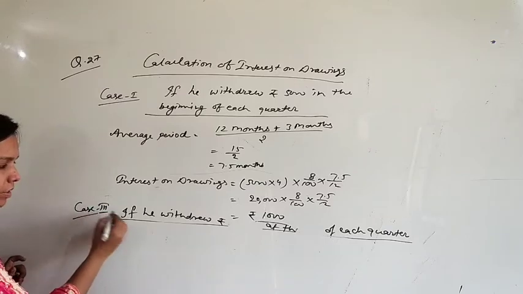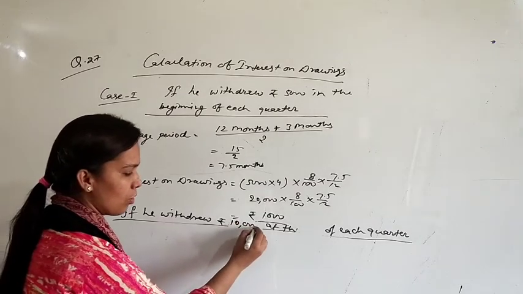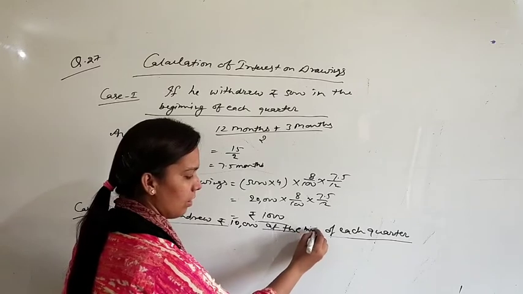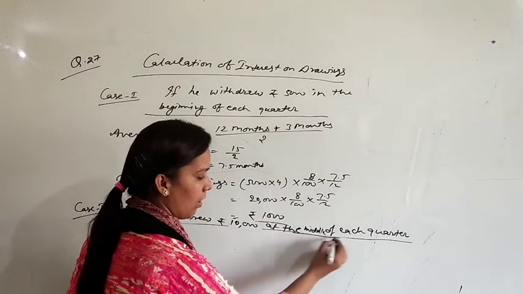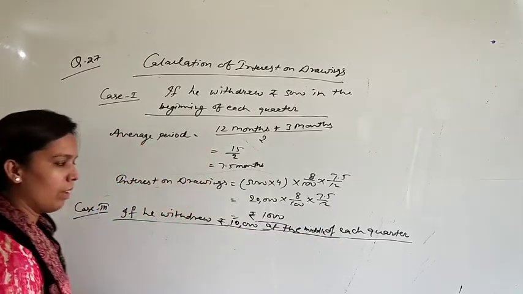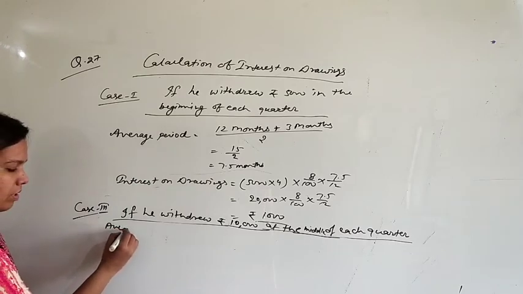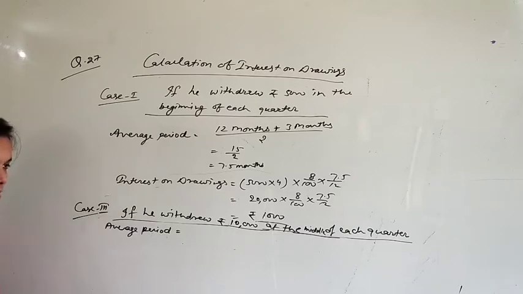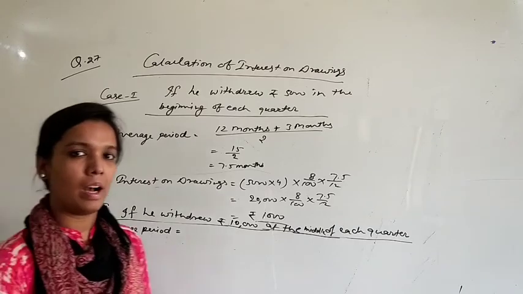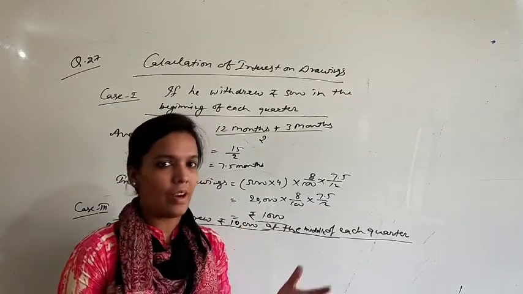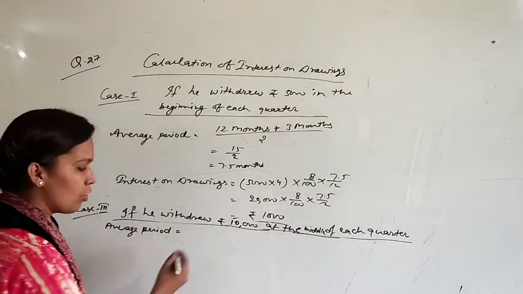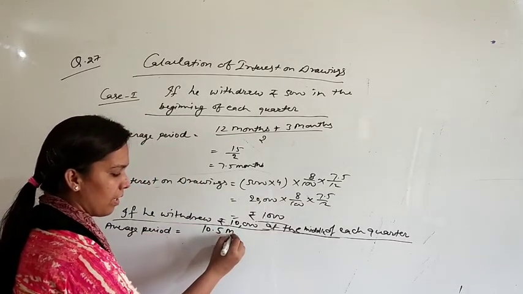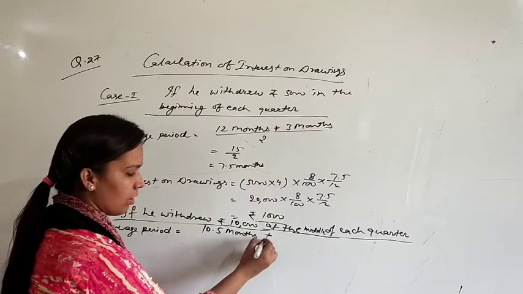This is the case third. 10,000 rupees at the middle of each quarter. Okay. So the same process, that first of all find average period. What is the average period? The time left after first drawing plus time left after last drawing divided by 2. So after first drawing you will have time of 10.5 months.